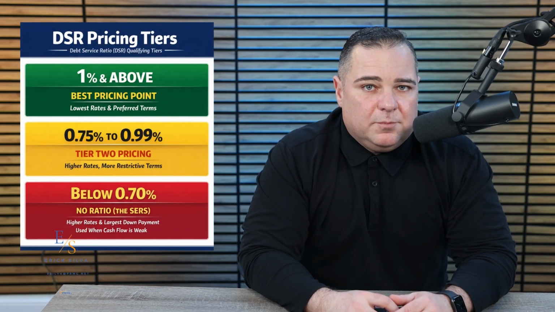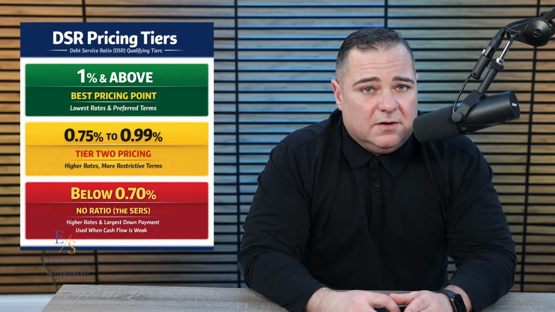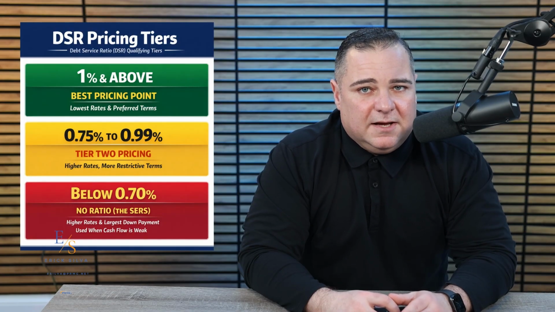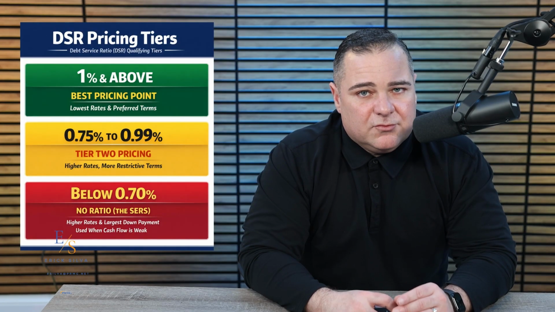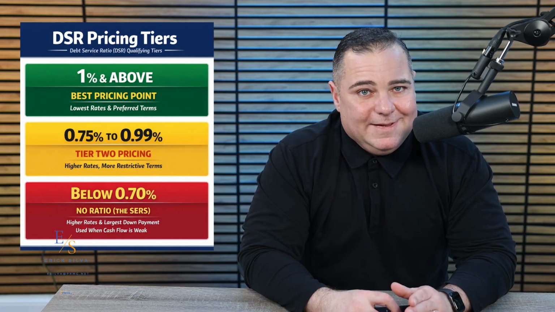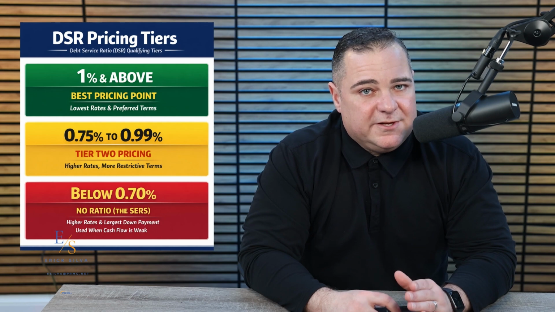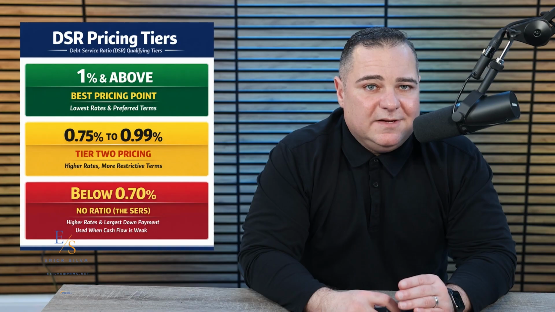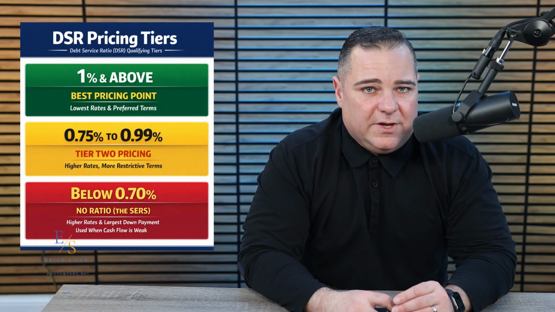Now, here's where the lender tiers matter. DSCR pricing tiers: 1 and above, best pricing. 0.75 to 0.99, that's tier 2 pricing. Higher rates, more restrictive terms. Below 0.75 equals no ratio DSCRs, also known as tier 3: higher rates, largest down payments, used when the deal is strong but cash flow is weak.